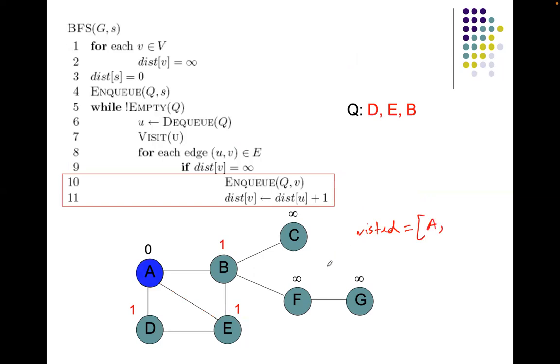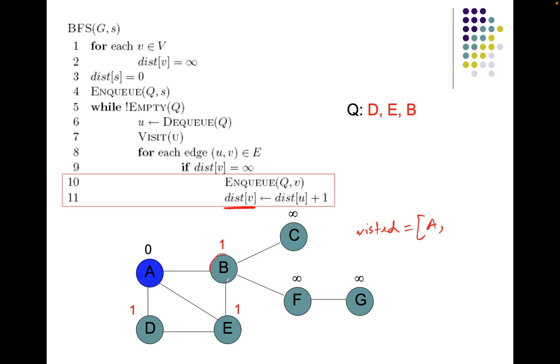Look at this line. What we're going to do is update the dist value for each node. How do we update the dist value of each node? We add 1 to the dist value of the parent node.